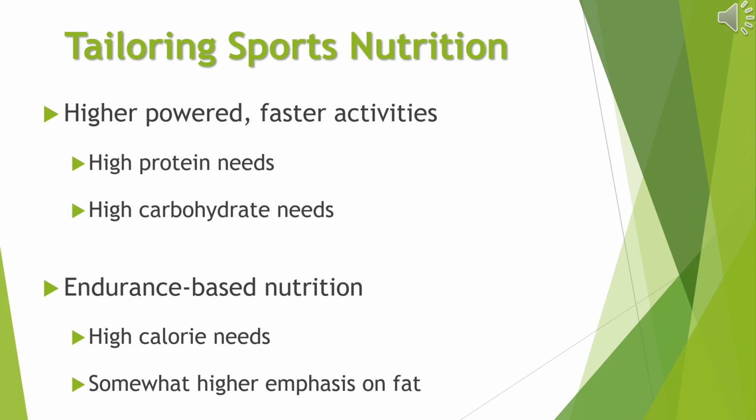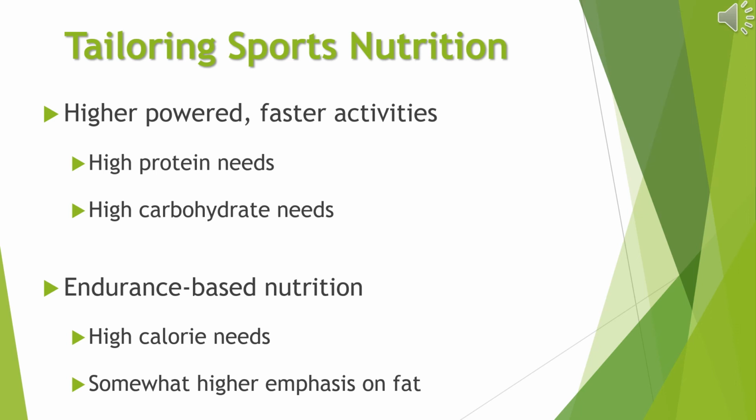Strength athletes will generally require a little bit more protein due to the high stress that's placed on their muscles from their activity, and they're also going to need very large amounts of carbohydrates to fuel their high intensity activity.